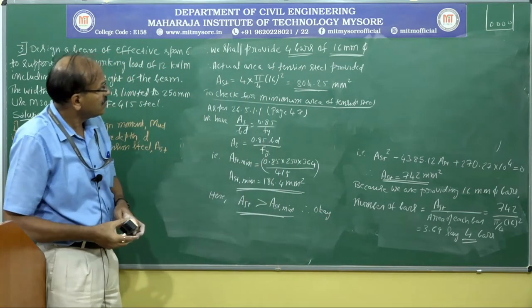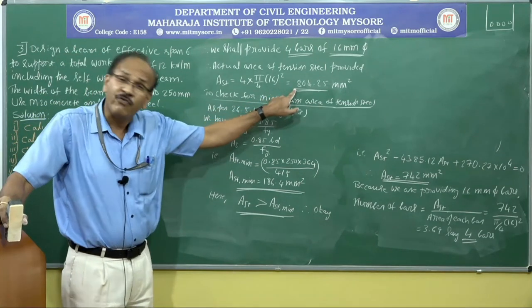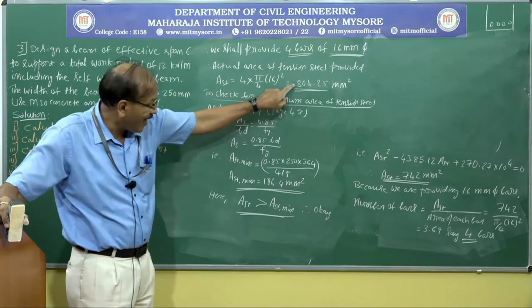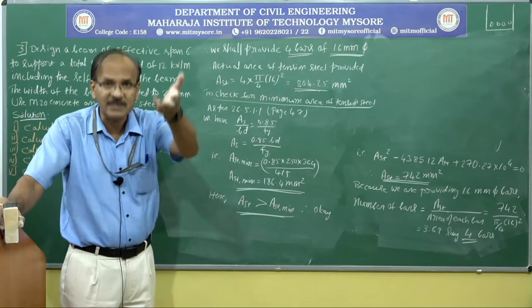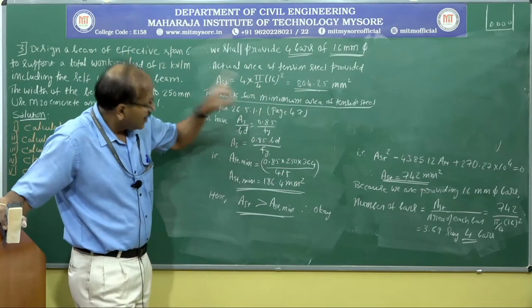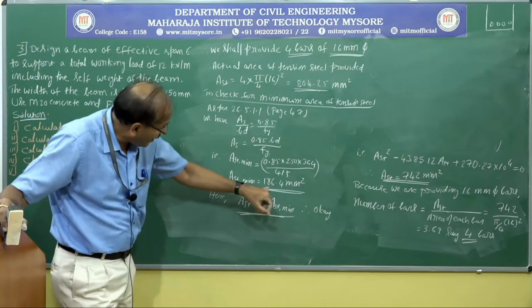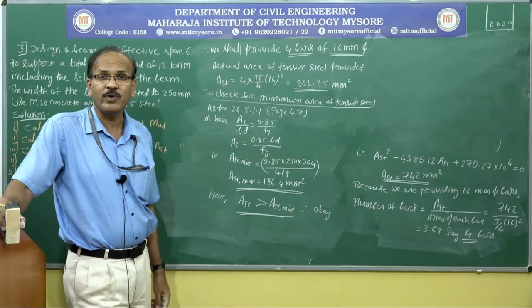What it means is, in case we get this value less than 186.4, say 150 millimeter square, in such case we have to provide at least this much, 186.4 millimeter square.